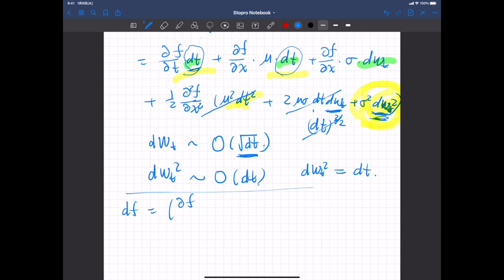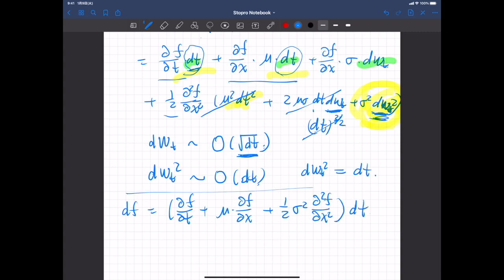Just replace this by dt and factorize. We have this term, mu df/dx, and this term, 1/2 sigma squared times the second derivative, and dt, and the remaining part is this one, sigma df/dx and dWt.